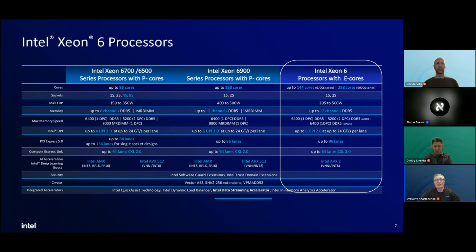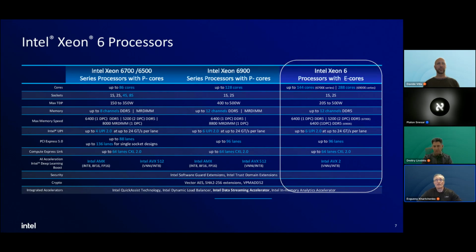The current gen comes with up to 86 cores, is scalable from 1 to 8 sockets, and a single CPU consumes up to 350 watts. It has typically 8 channels of DDR5 or MRDIMM, with 6400 megatransactions per second DDR5 speed, while MRDIMMs can achieve 8000.